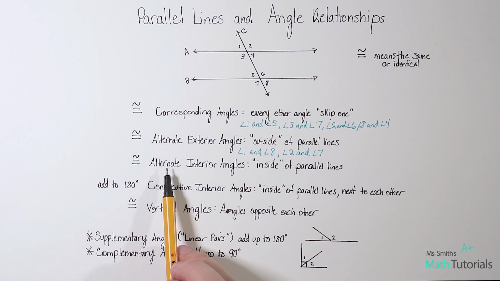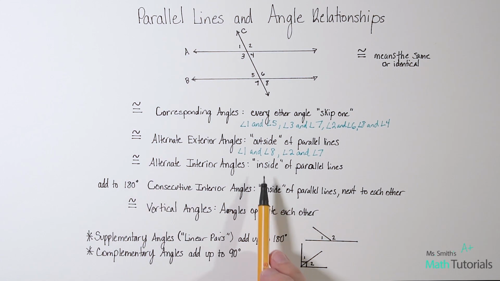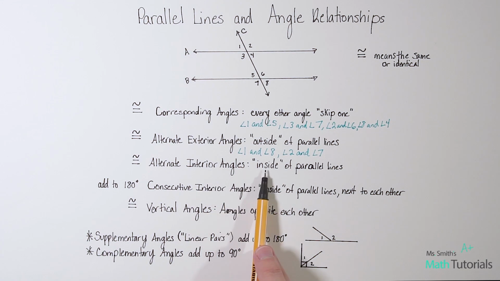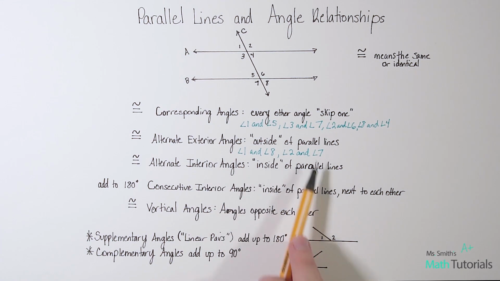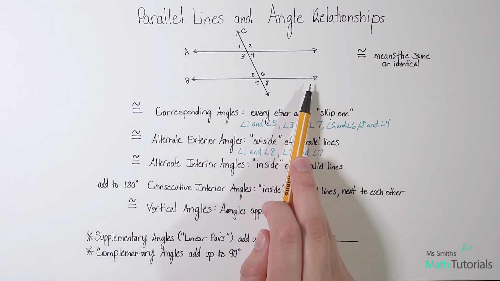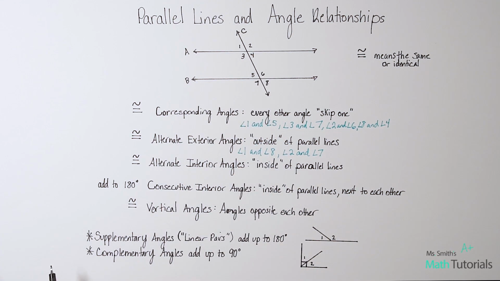All right, next we have alternate interior angles. These angles are also congruent with each other. They are the same measurement, the same number of degrees. Interior means inside of the parallel lines. So if our parallel lines are A and B, our inside angles are going to be the 3 and the 4 and the 5 and the 6. And again, alternate means we're switching sides.